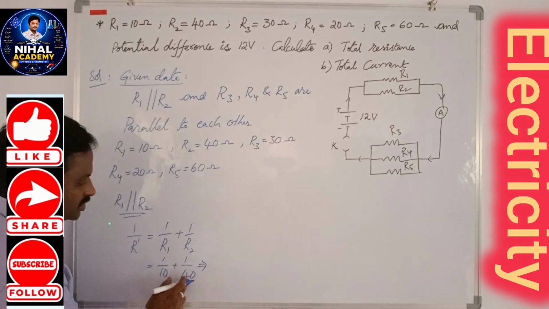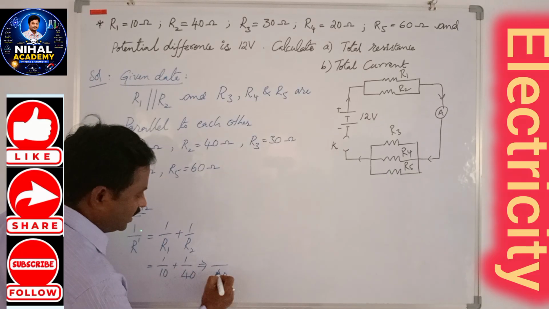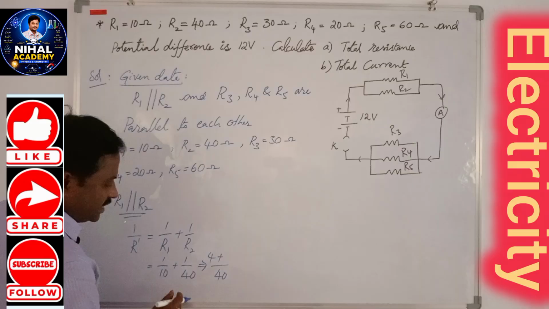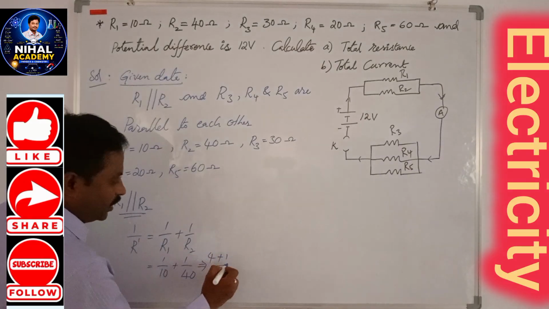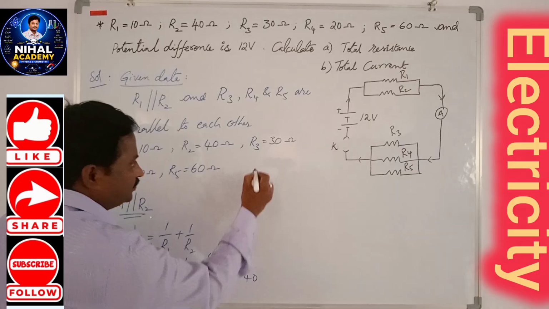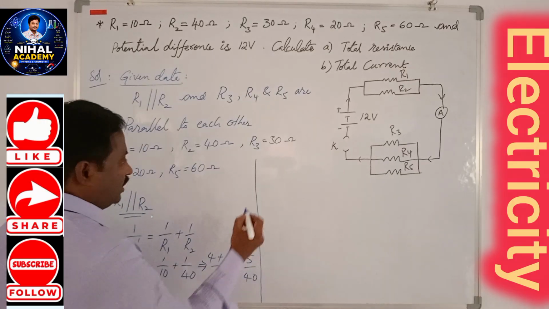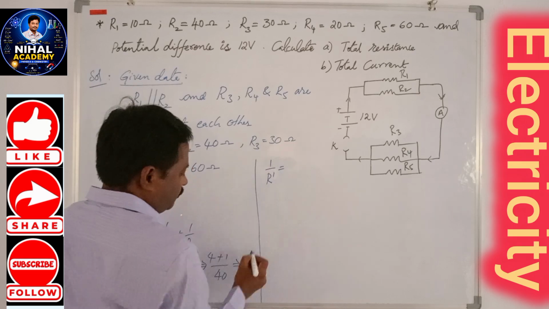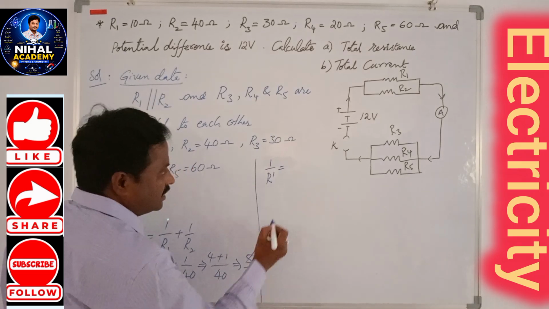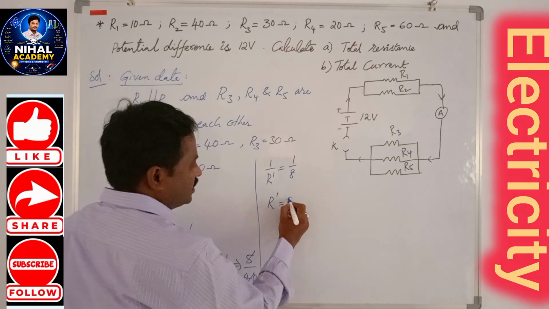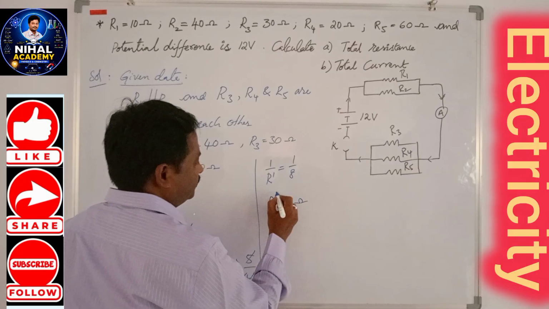So the LCM of these two is 40. 10, 4 times cancel. So 4 into 1 is 4, plus 40, 1 time, 1 into 1 is 1. So this is equal to 5 by 40. Now 1 by R dash is equal to 5 here, 8 times cancel. So this is equal to 1 by 8. So therefore R dash is equal to 8 ohm.